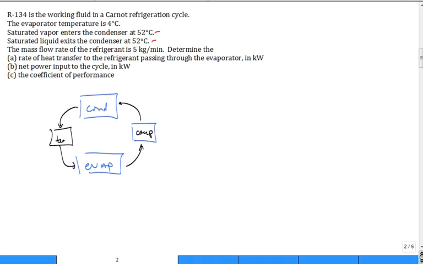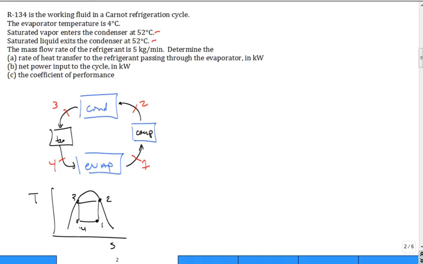Because when you then lay out your states like 1, 2, 3, 4, and put it on a temperature-entropy diagram, the states go 1, 2, 3, 4 in the same type of order. That's why they lay it out that way.